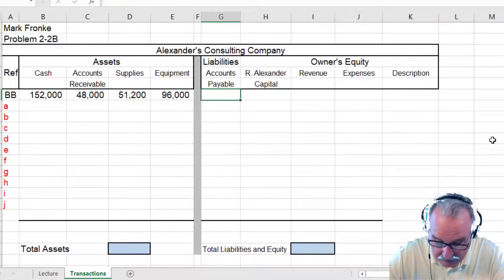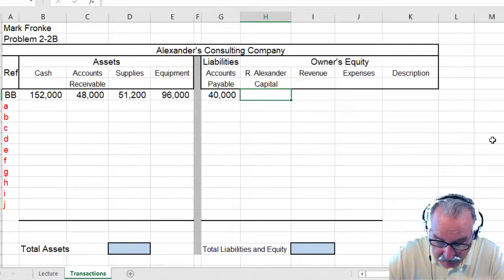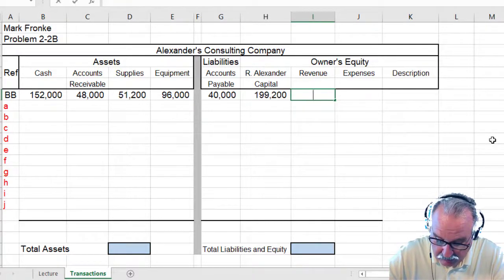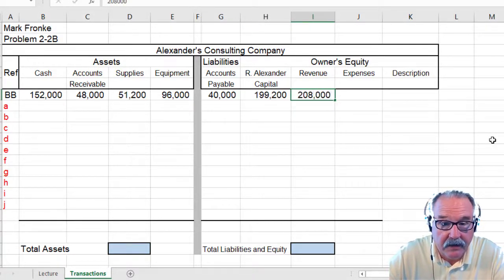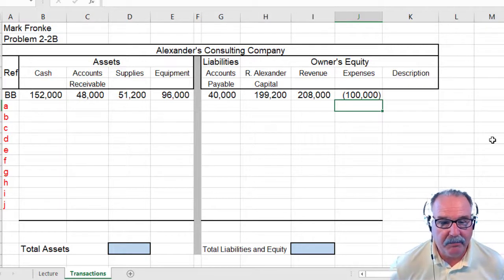And so then liabilities is $40,000. Capital is $199,200. Revenue is $208,000. And expenses, and I always put expenses in as a negative amount.